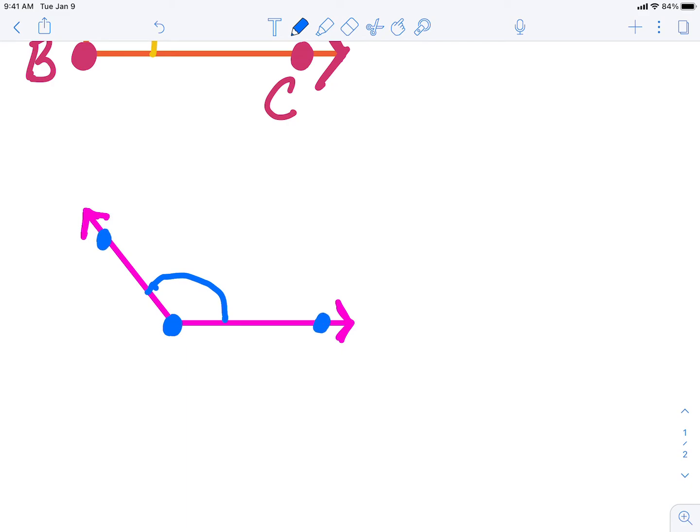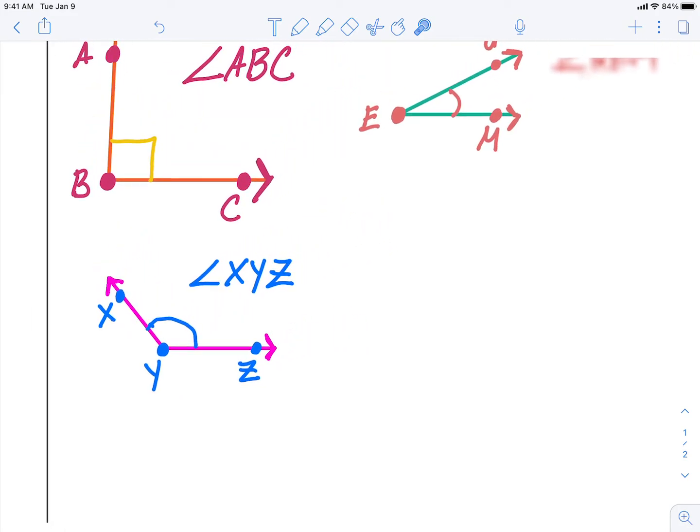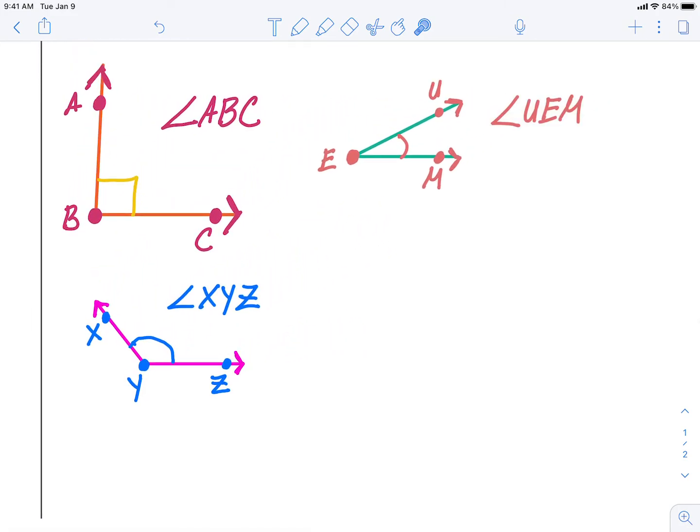And I'm going to use any letters that I want. X, Y, Z. So this is angle XYZ, or angle ZYX. Perfect, right? 3 letters form an angle.